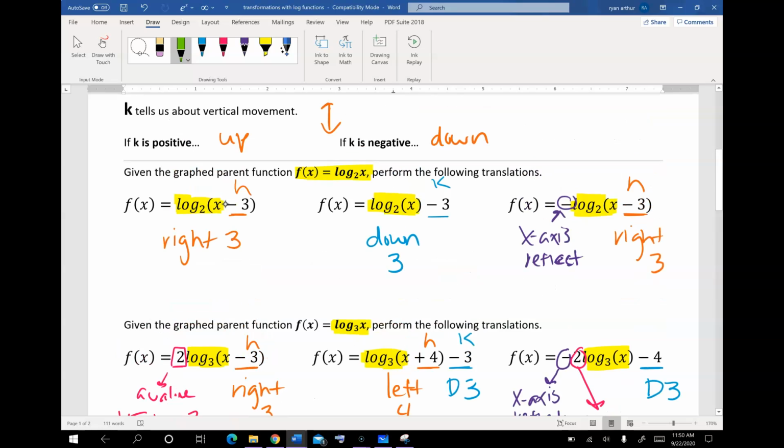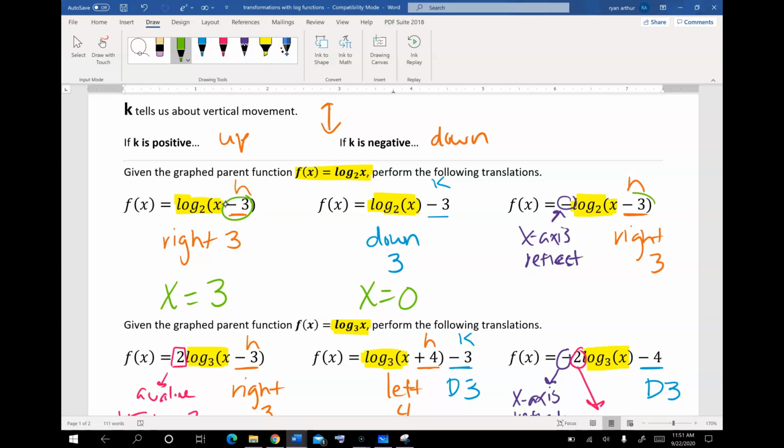So again, if you don't have an h, the asymptote is 0. So remember that it's x equals because it's with the x value. So it's x equals opposite h. So here it's going to be x equals 3, opposite h. There's no h, so x equals 0. My bad, guys.